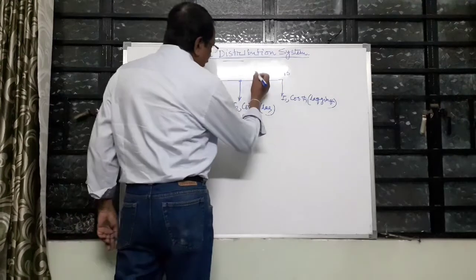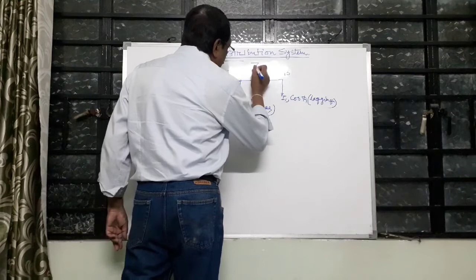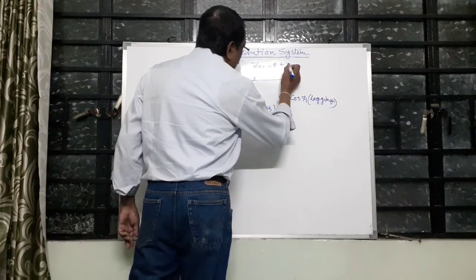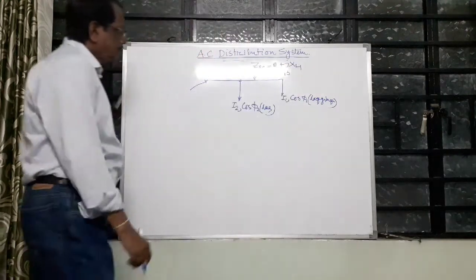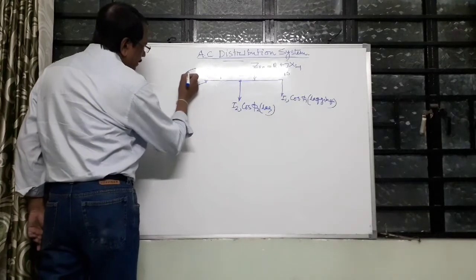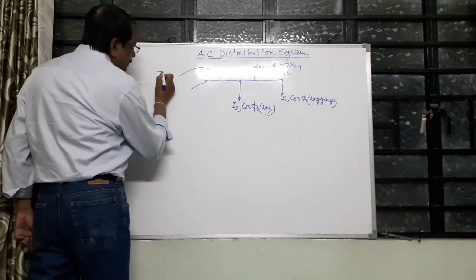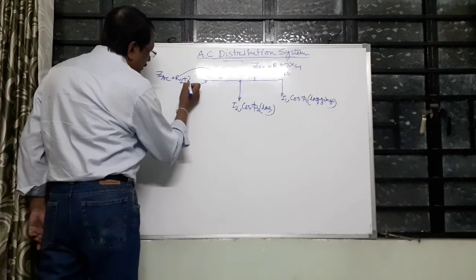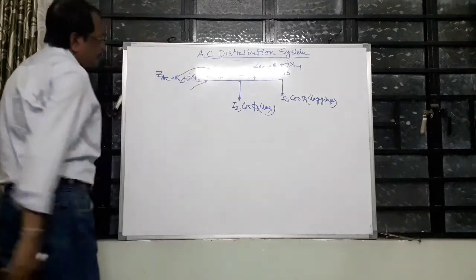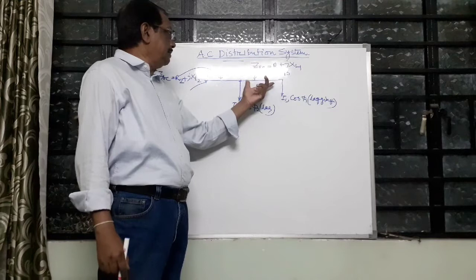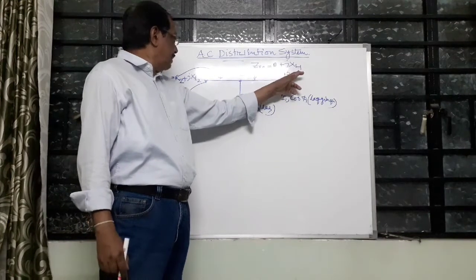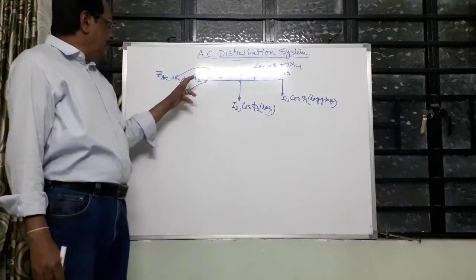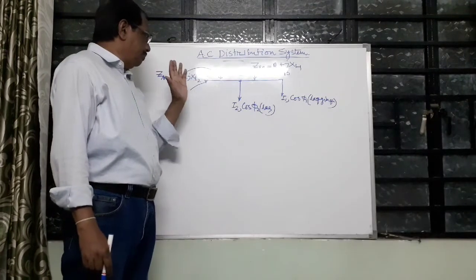Let the impedance of section BC be ZBC equals R1 plus jXL1, and the impedance of section AC be ZAC equals R2 plus jXL2, where R1 is the resistance and XL1 the inductive reactance of section BC, and R2 is the resistance and XL2 the inductive reactance of section AC.